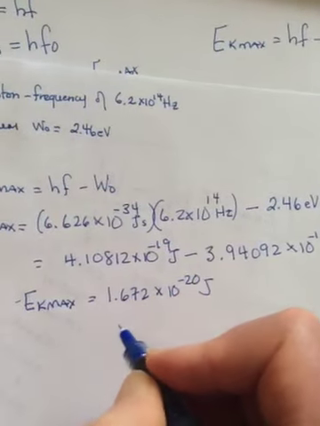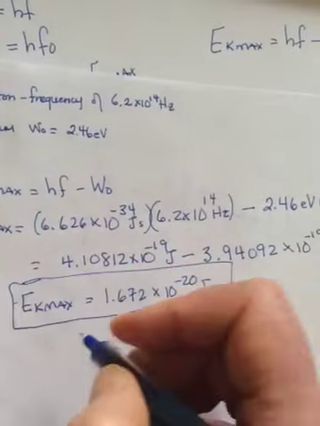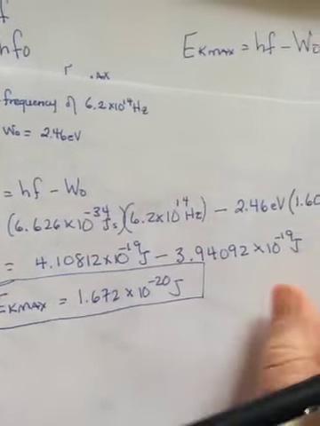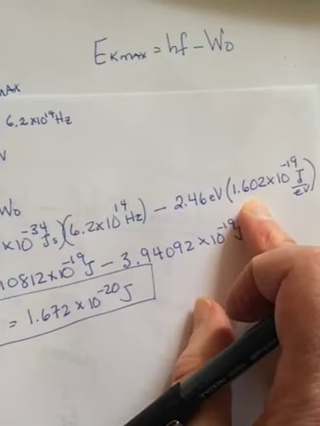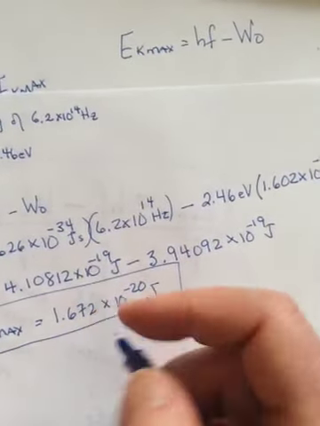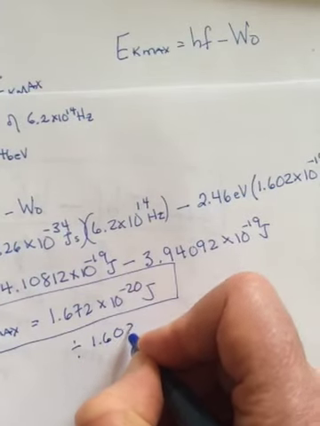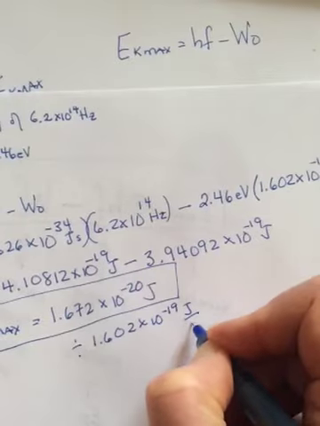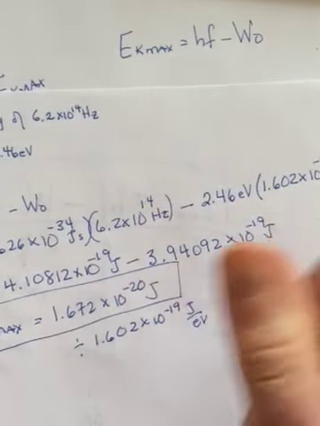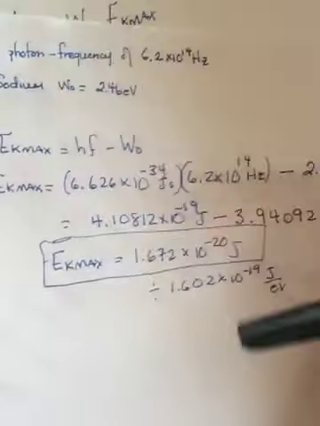The question said, what is it in joules and in electron volts? To go from electron volts to joules, you multiply by 1.602 times 10 to the negative 19. So to go from joules to electron volts, you divide by 1.602 times 10 to the negative 19 joules per electron volt. Dividing, flip, multiply, the units cancel, and you'll end up with electron volts.